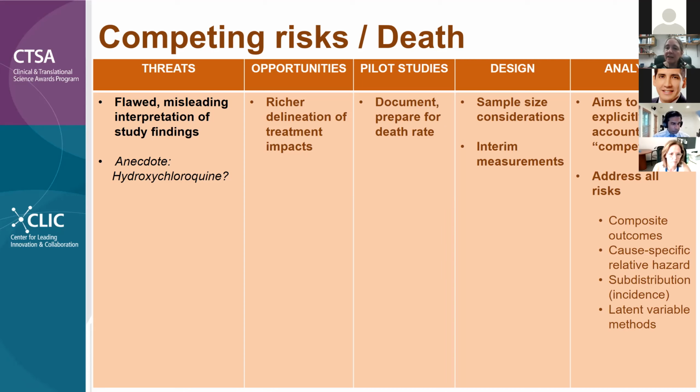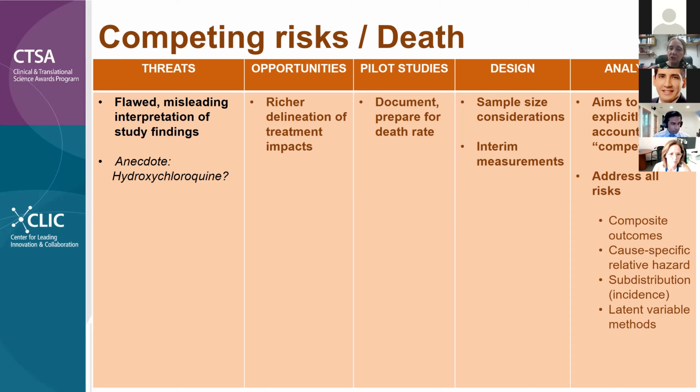And then there are various competing risks specific methods of analysis. It's important to recognize that there's not just a method for competing risks. There's quite distinct methods that in different ways attempt to address competing risks. The cause-specific relative hazard can be implemented using the regular Cox model, so that's convenient about it.